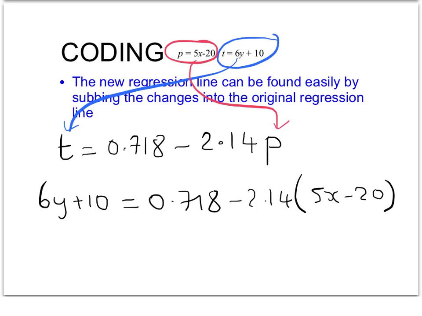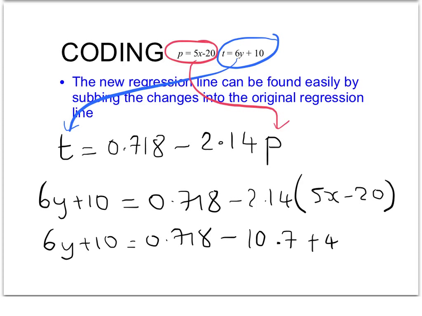And then you just expand that out. 6y plus 10 equals 0.718 minus, calculator, 2.14 times 5. Oh, I should have been able to do that. 10.7 plus, I probably should be able to do this as well. 42, oh, I forgot my x, 42.8, and then just collect everything together, so it says y equals.